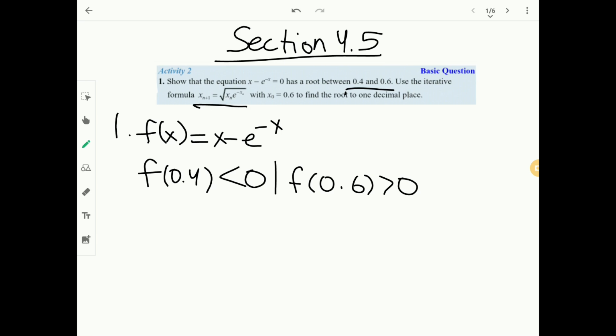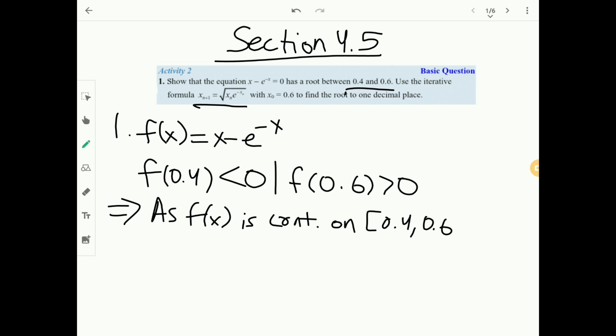Intermediate value theorem, IVT. So what we should say is, as f of x is continuous on the closed interval 0.4 and 0.6, it is definitely continuous because we know x is continuous and we know e to the minus x is continuous.